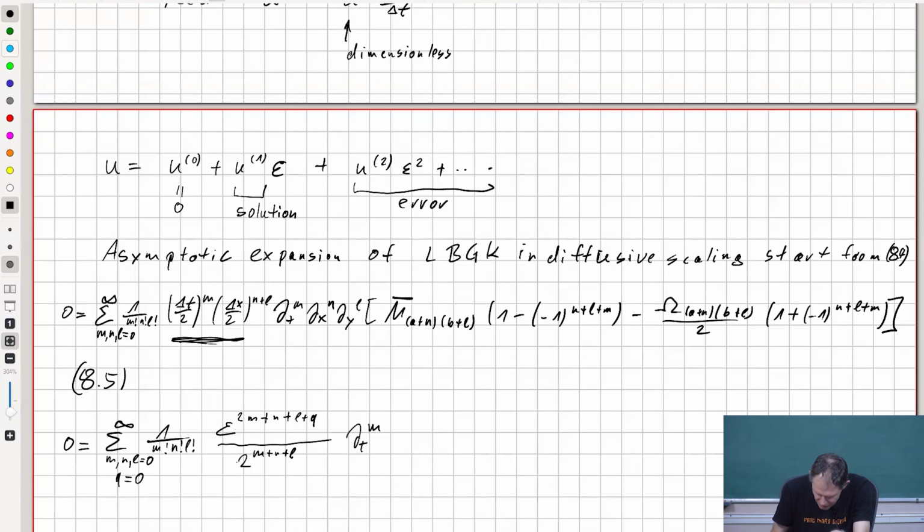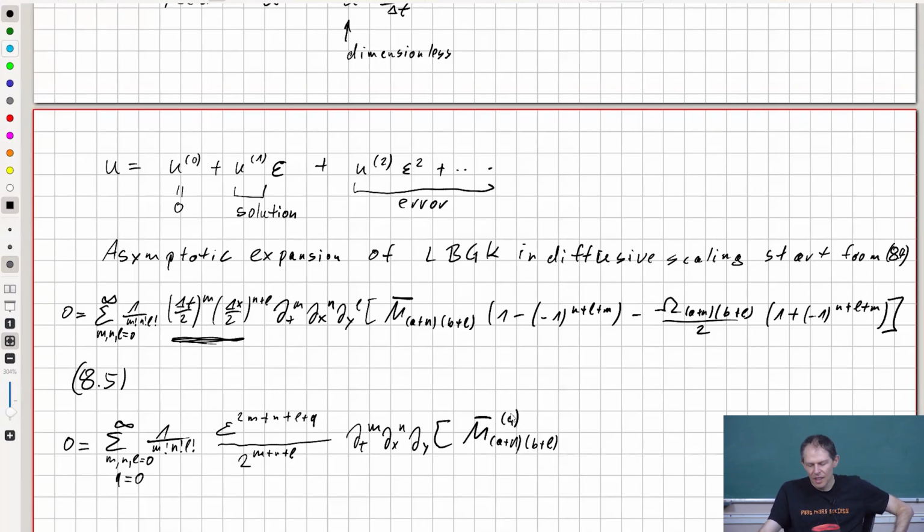Then the time derivatives, the spatial derivatives, and now here, this is the thing that has been missing so far. A plus n and b plus L. So this is overbar, and now this is the Q.